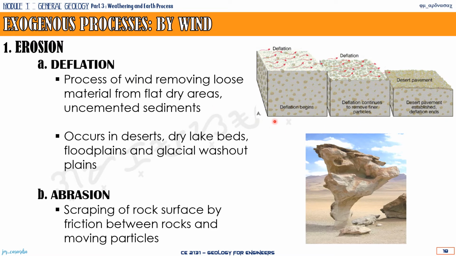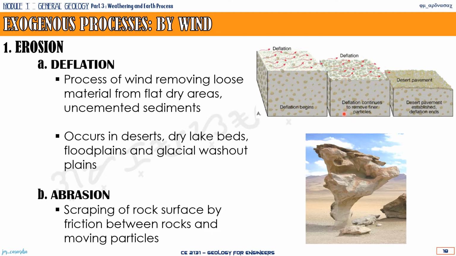So in the diagram, the upper figure is a figure that would explain deflation. So nasa taas merong small particles. So liliparin yan ng hangin. And in the long run, pag nilipad to, mawawala lahat nung nasa ilalim. So anong nangyari?